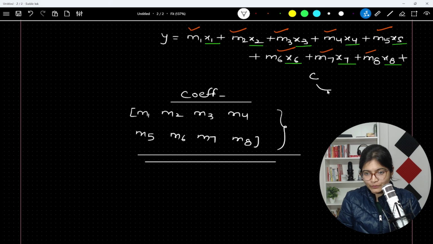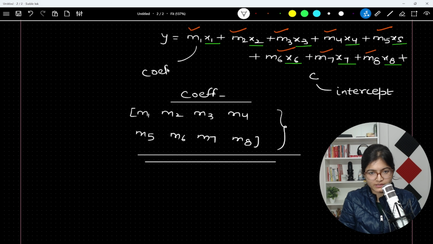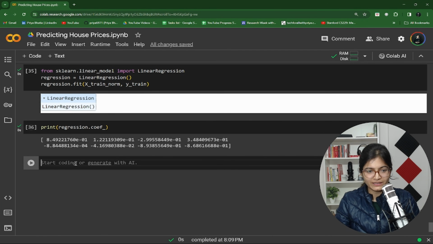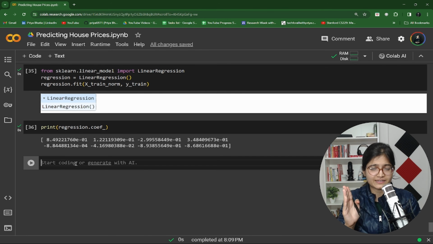Okay, this is something that we call an intercept. I hope again everyone knows this part as well. This is what we call an intercept, and all these things are the coefficients, right? So I will try to show you the intercept as well. The intercept will always remain one, but the number of coefficients will depend on the number of features that we have in a given data set, right?